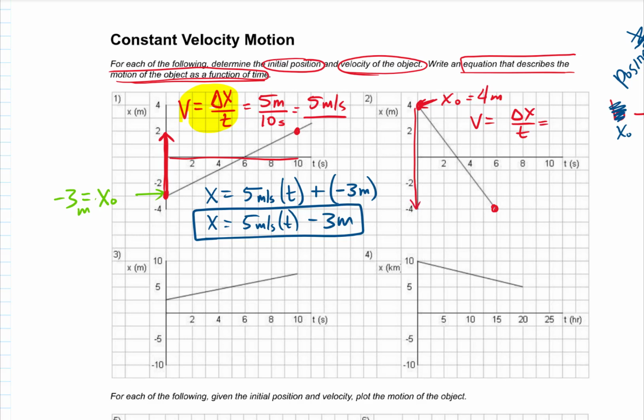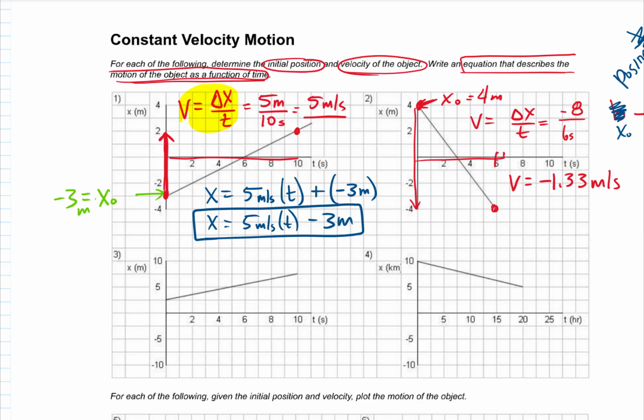So my displacement is -8, because that's how far it is from 4 to -4, over the time. And that whole thing takes 6 seconds. So my velocity comes out to be -1.33 meters per second.